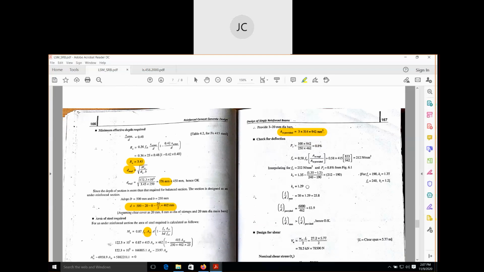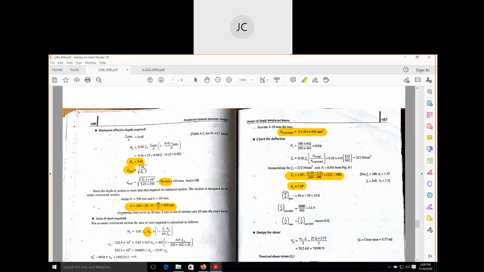Yes, it will be 1.29. This is the interpolation method by which we can find it. So modification factor we have got this much.